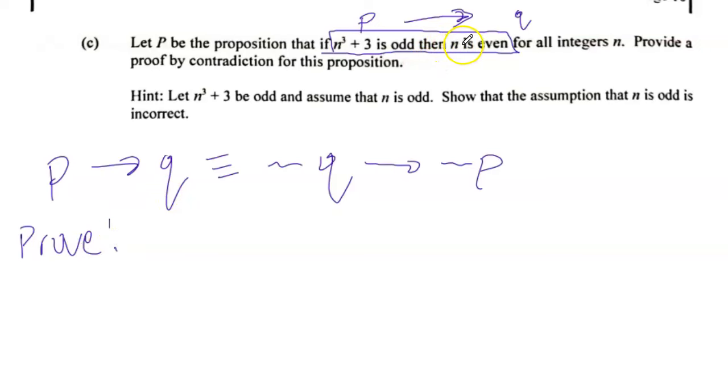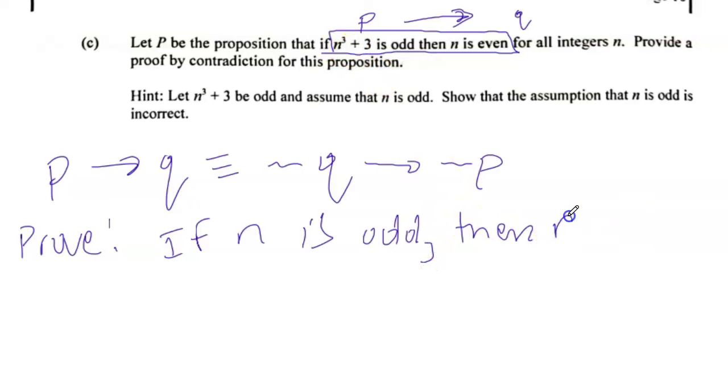I'm going to prove the contrapositive of this: if n is, and we're taking the opposite, odd, then n cubed plus 3 is even. So that's an equivalent statement to the original statement that we are given to prove.